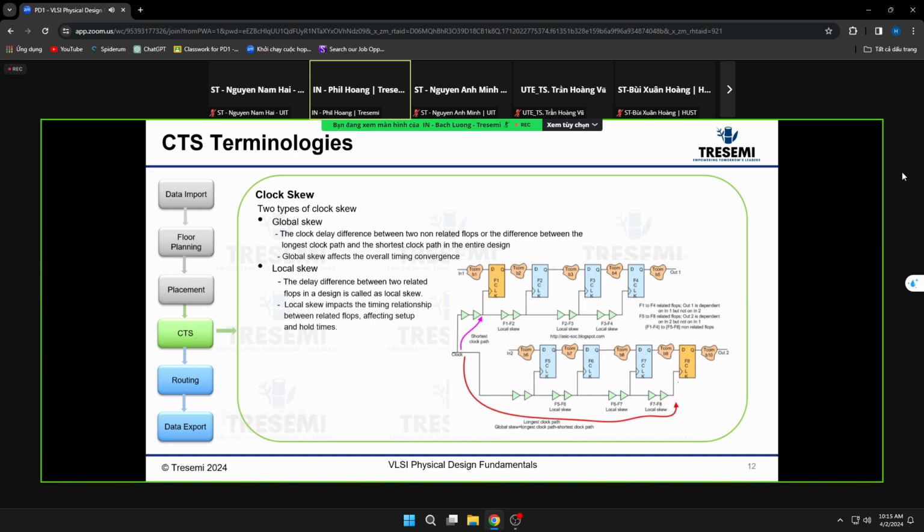So that's why sometimes global skews, just for your information only, are large. If you have a huge global skew and these are about the same number of flops, ask what's wrong with the bottom one that has a long skew. You might want to shorten it and still not sacrifice the skews.